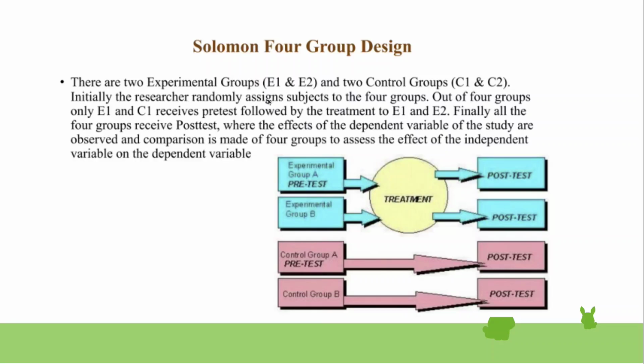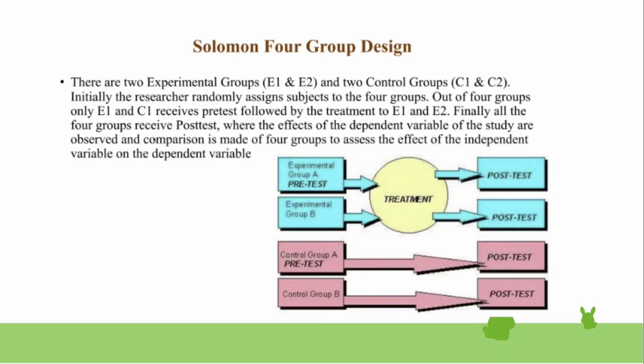Initially, the researcher randomly assigns the subjects to the four groups. Out of the four groups, only E1 and C1 receive the pre-test. Only these two groups receive the pre-test, and there is no pre-test for E2 and C2.